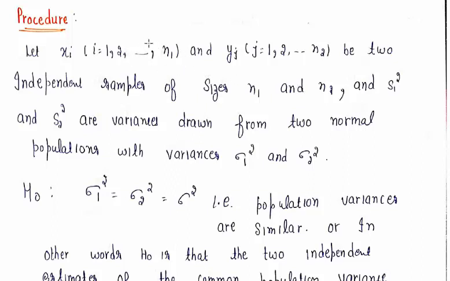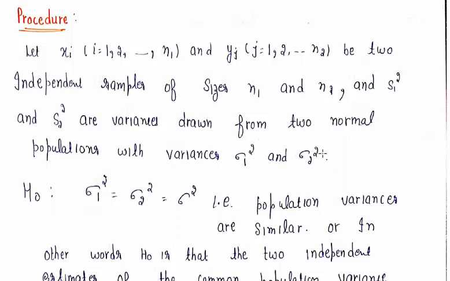So the size of the first sample is n1 and the size of the second sample is n2. Let s1 square and s2 square be the variances of these two samples. That means s1 square is the variance of the first sample, s2 square is the variance of the second sample, and the population variances are sigma 1 square and sigma 2 square.